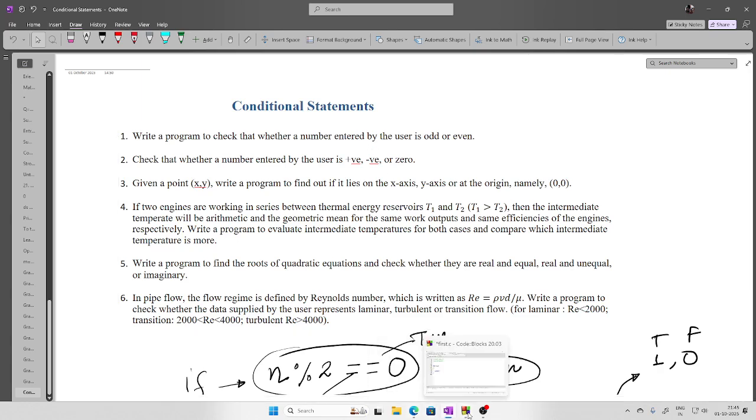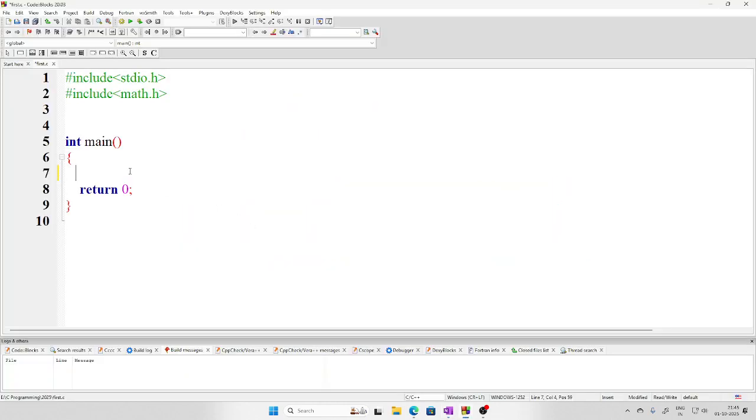So let us head to our code blocks. First I require one number, so let us declare it, and then ask the user to enter a number. Now scanf: whatever the user enters from the keyboard has to be transferred to the address of n. Now we check: if, then parentheses, then you write the logical condition.